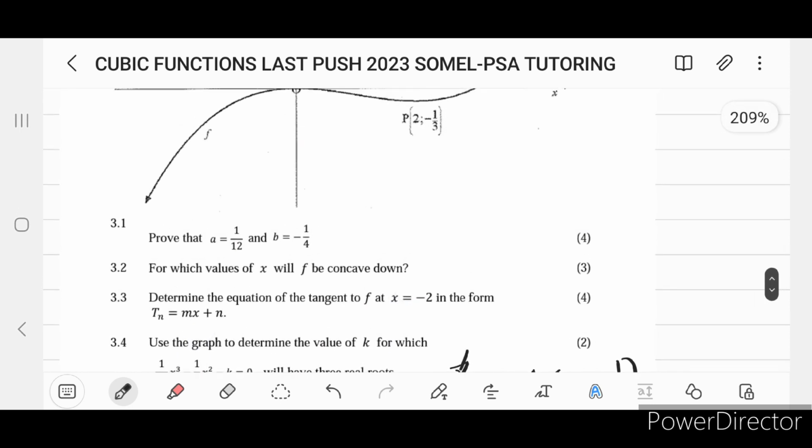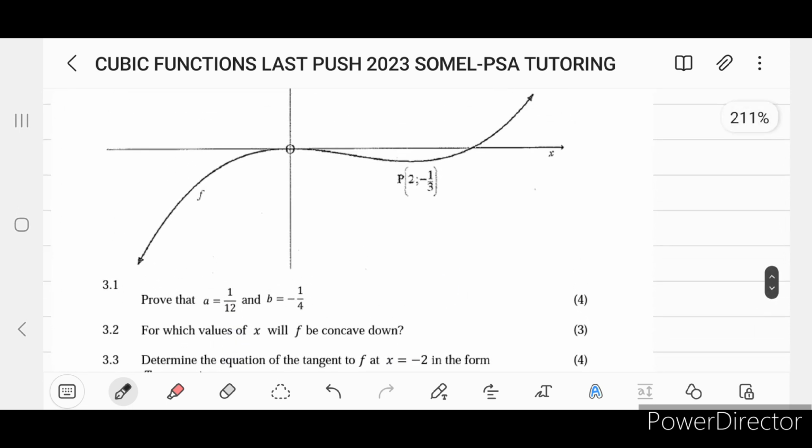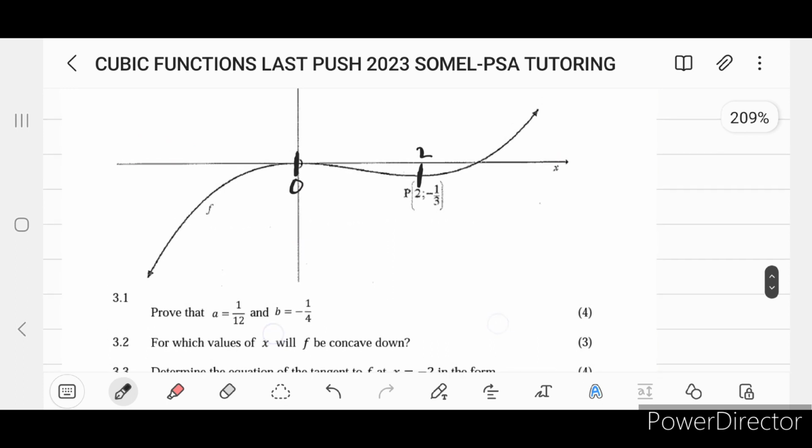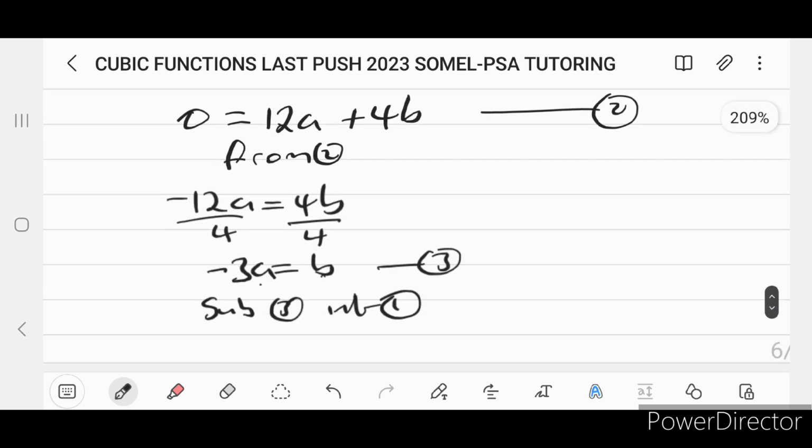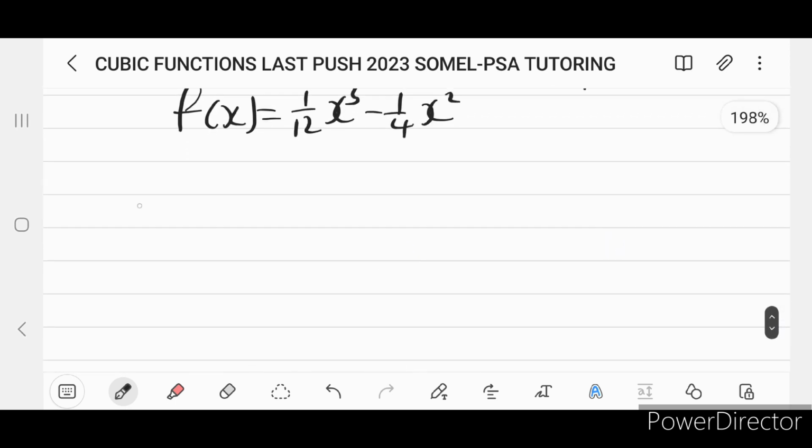Where is this concave down? I need the point of inflection. Here x is 0 and here x is 2. So I will take the x values of the turning points, which I already have, which are 0 and 2. This is question 3.2.